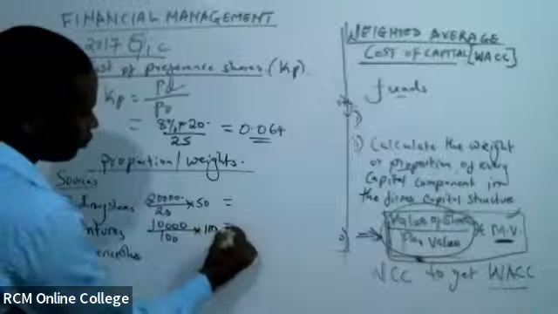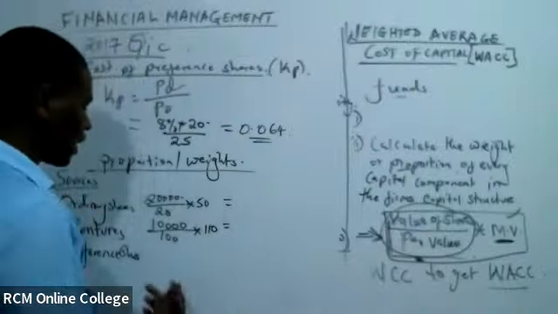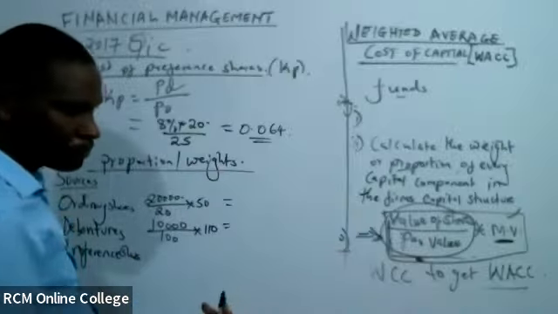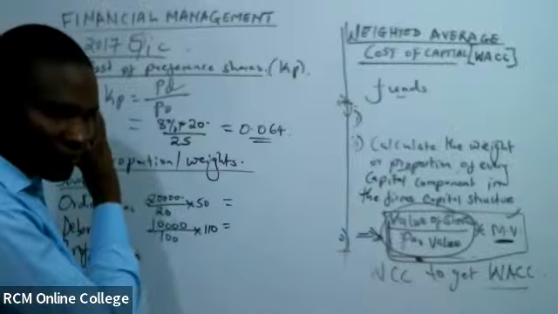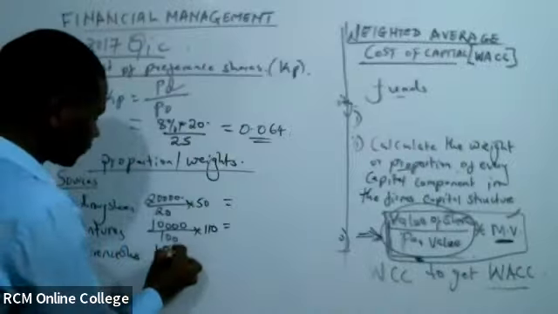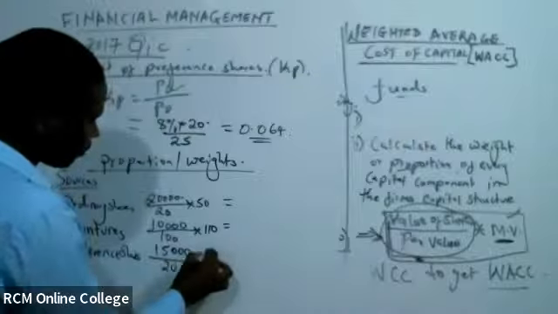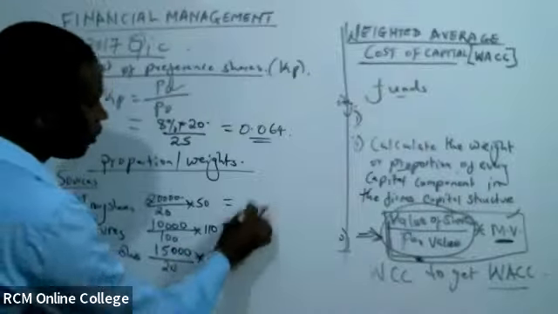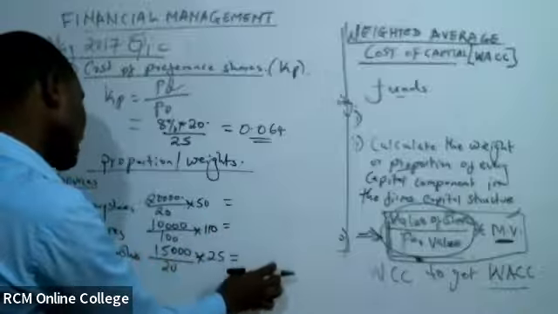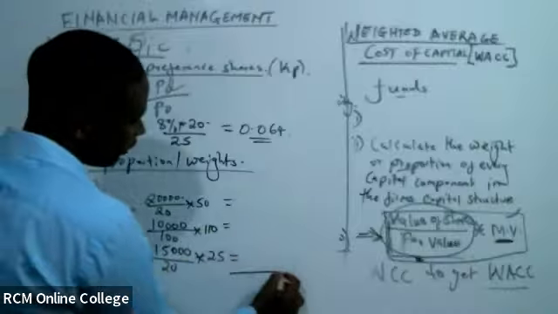Remember, the market value will be 110% of par. So know these terms. Then preference share, value ni 15k, par ni 20, market ni 25. So tunapata total ya hizi and then we get the proportion.